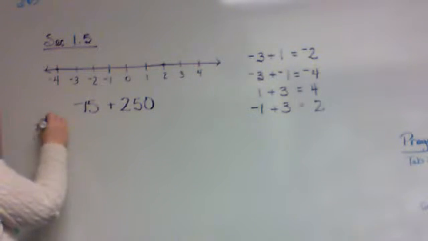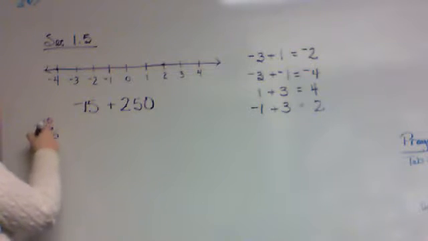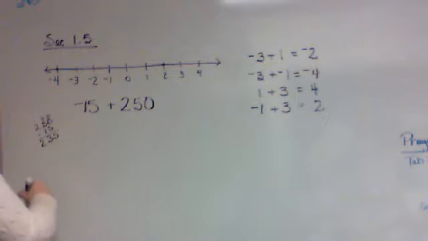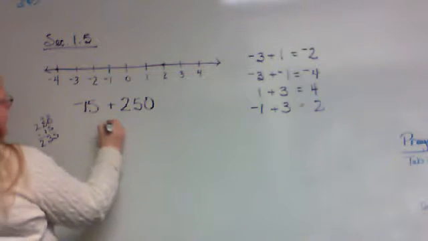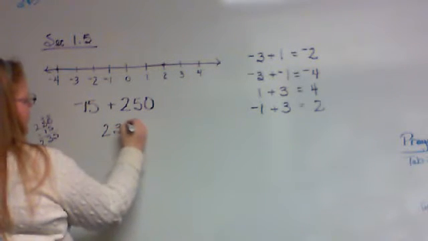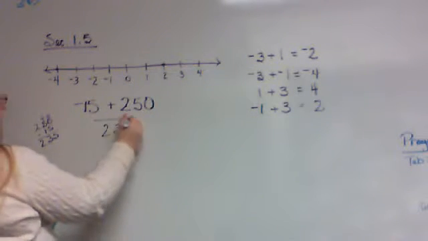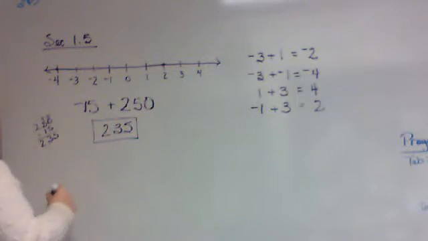Borrow. So I borrow from the 0, borrow from the 5 for the 0, that'll make that a 10, that'll become a 4, and 4 minus 1 is 3, and bring my 2 down. 235. So I get 235, and it'll be a positive 235 because 250 has always been bigger than 15.